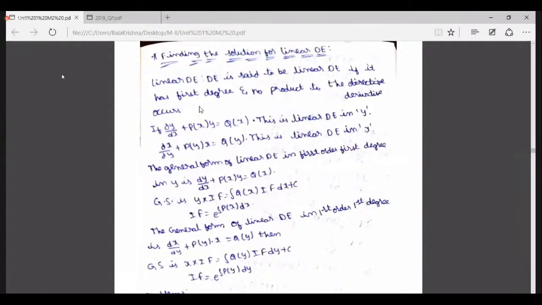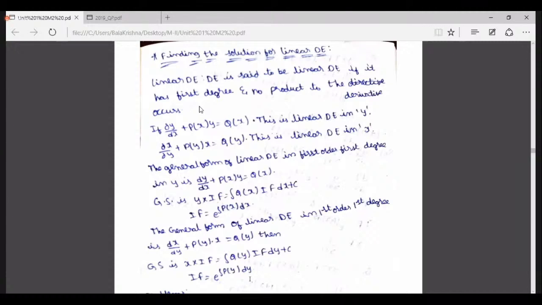A linear differential equation is one having first degree and no product to the derivative occurs. That means a differential equation of first degree and first order, dy by dx, and no product to the derivative occurs. Like if you see dy by dx plus a function in terms of x into y is equal to q of x, there is no product to the derivative dy by dx.